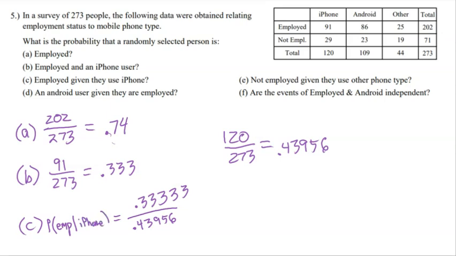Remember, we have that vertical bar. So probability that they're employed given that they use an iPhone. And so we put the probability of iPhone down here in the bottom, and then we put the probability of the people who are both employed and using an iPhone in the numerator, and then we calculate in the calculator.